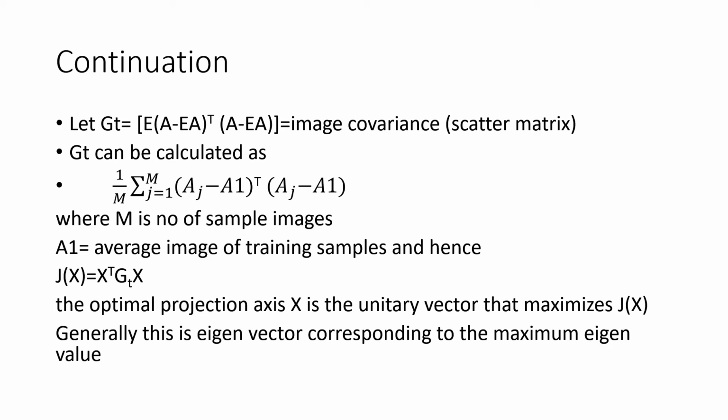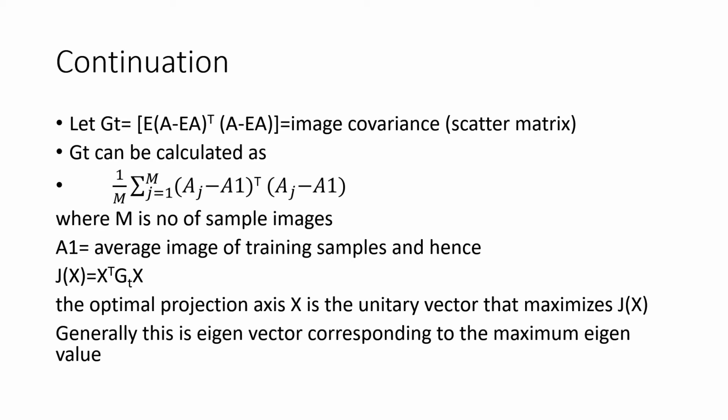The main idea is to maximize the criterion J of X equal to trace of Sx. The physical significance of maximizing this is to find a projection direction X onto which all samples are projected so that the total scatter of the resulting projected samples is maximized.